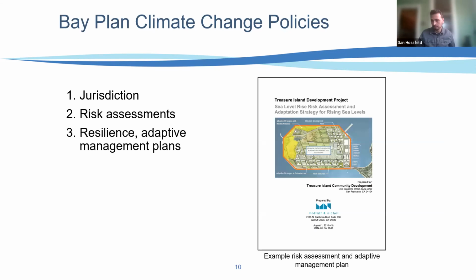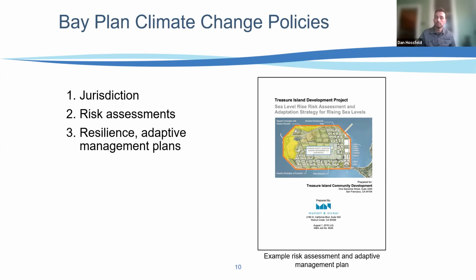So policy 3, in tandem with policy 2 about risk assessments, requires that when those risk assessments find that a project has flood risks that threaten public safety, the proponent has to demonstrate how the project is designed to be resilient to mid-century projections of sea level rise. This is where we're getting very specific. And if the project's lifespan is longer than mid-century, so 2050, an adaptive management plan may be required, looking at the potential for much higher values of sea level rise in the future.